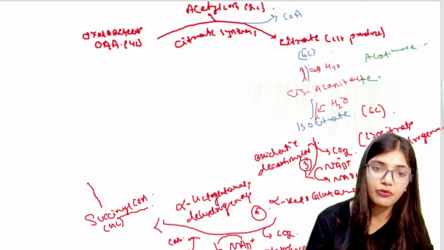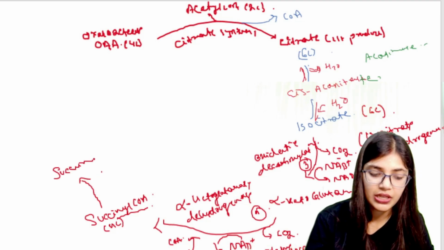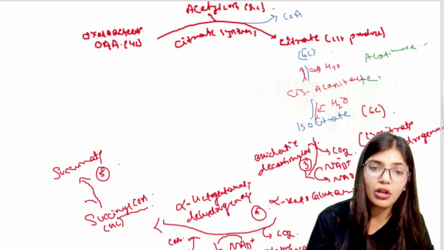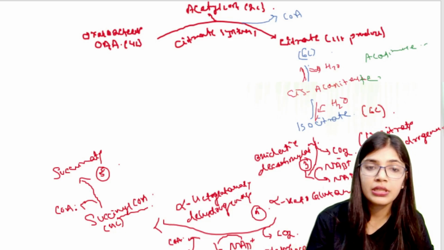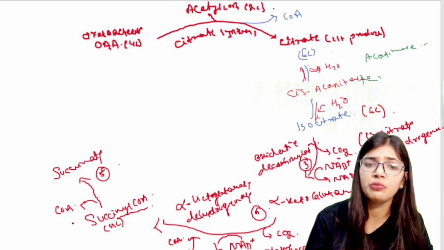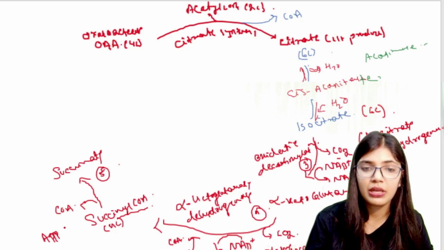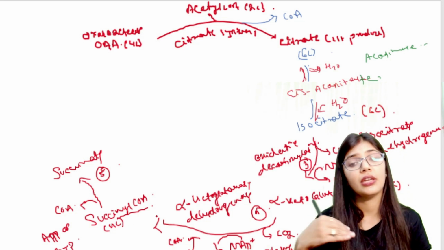In the fifth step, what happens? It forms succinate, and there is removal of coenzyme A. When the coenzyme A is removed, ATP or GTP is also formed.